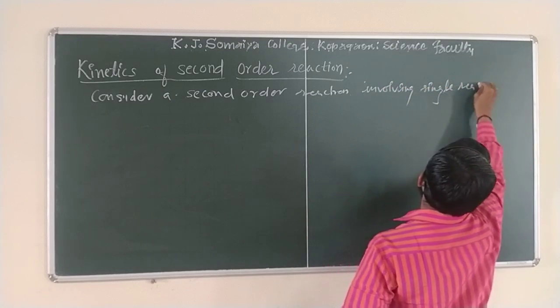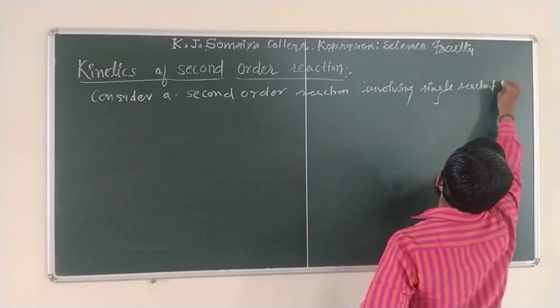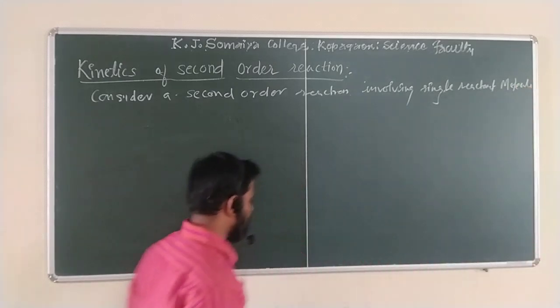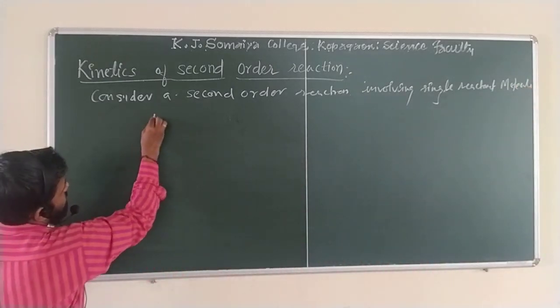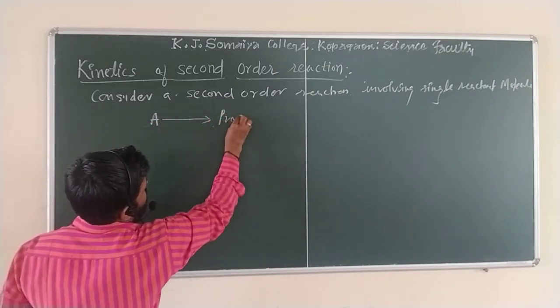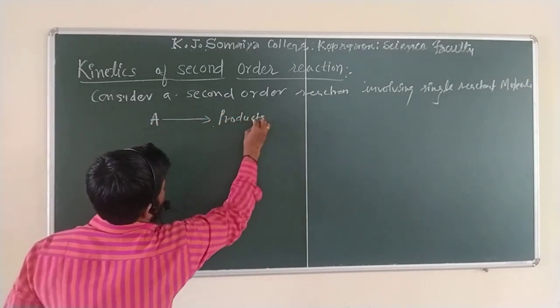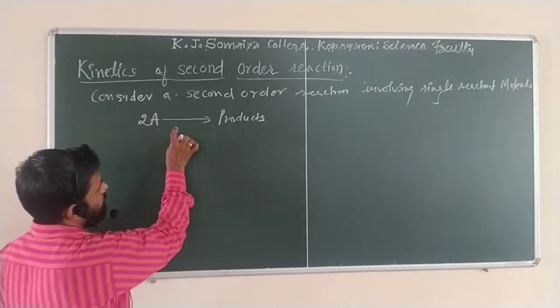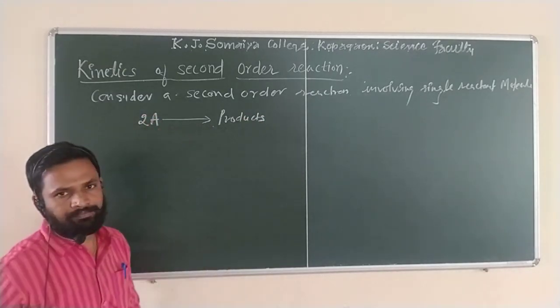Means what? A is the single reactant molecule, so it is converted into the product, and it follows the second order reaction. Now this we are going to discuss today.